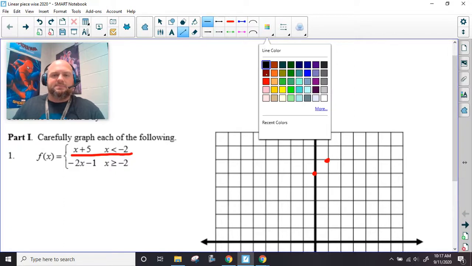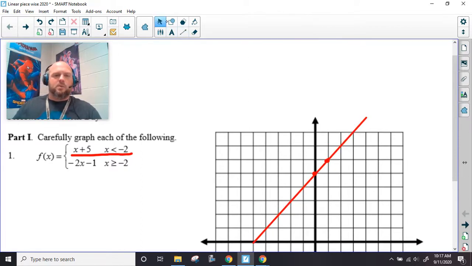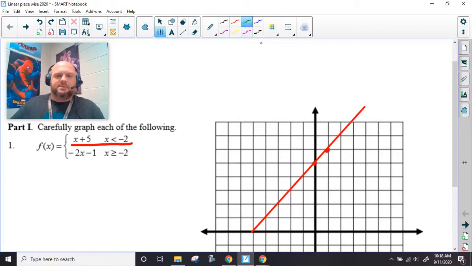Now, because this is kind of special, I'm actually going to try to do a straight line right here. All right, so that's what it would be in a normal thing. But this says when x is less than -2. So let's help ourselves out a little bit.